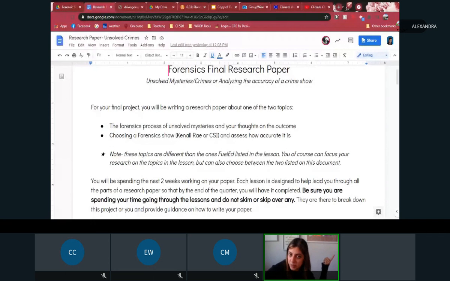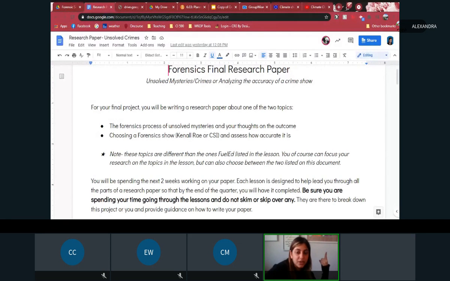No, it does not have to be a real case, but if you're choosing a case that's not real, make sure it's as accurate as possible. Unless you choose one that's not real and then you assess how accurate it is. That's totally fine.